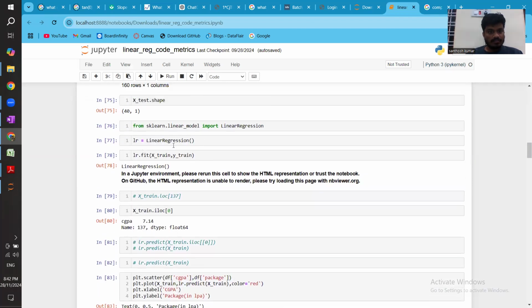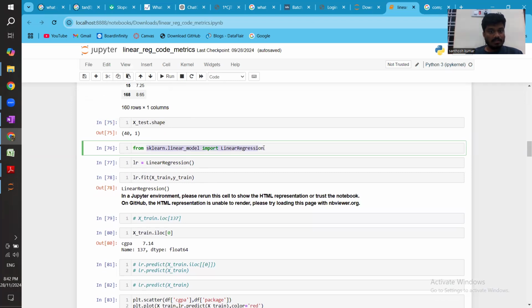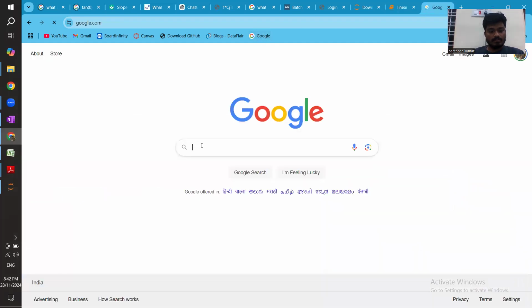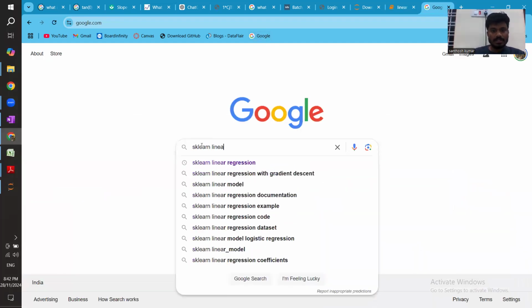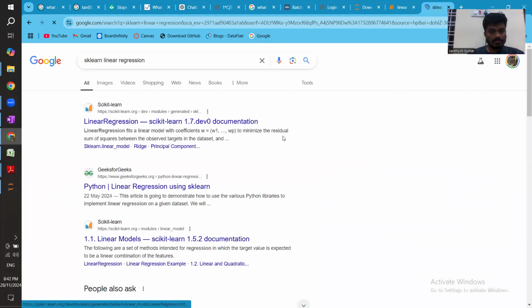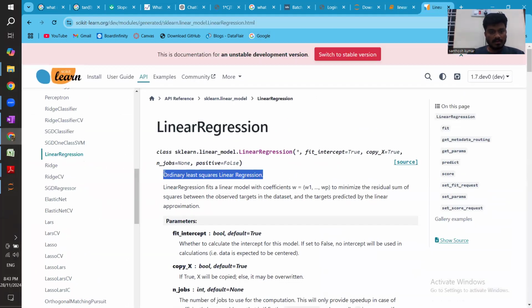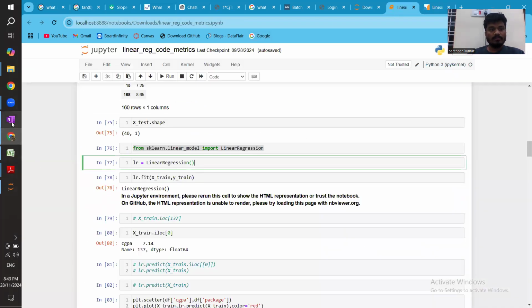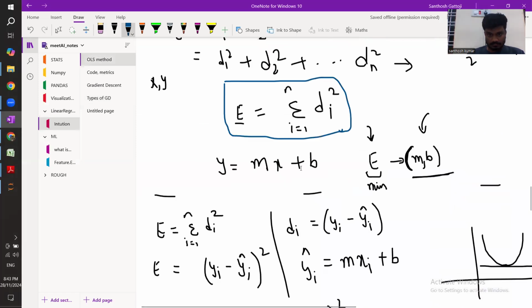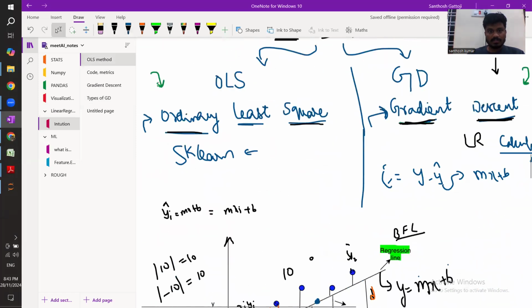If you import LinearRegression from sklearn, by default it will use the OLS method, ordinary least squares.